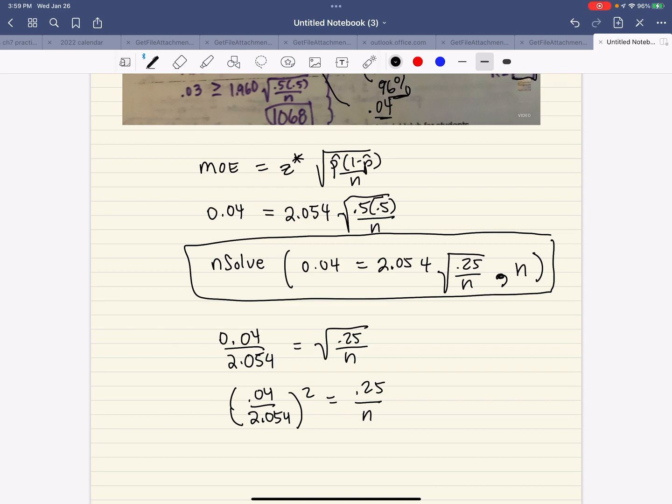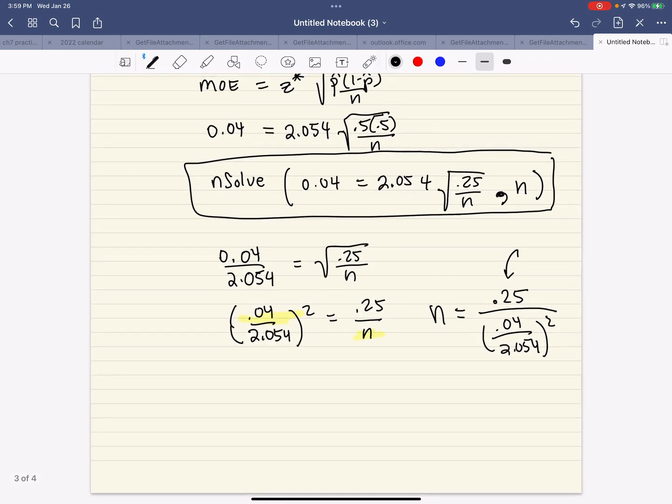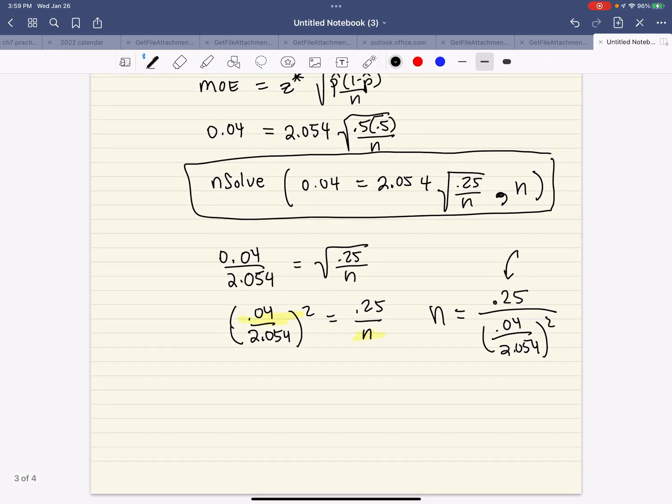Then I'll swap the spots of these two, so n is equal to 0.25 divided by this. Now I just have to figure out how to type that big yuckiness in a calculator.